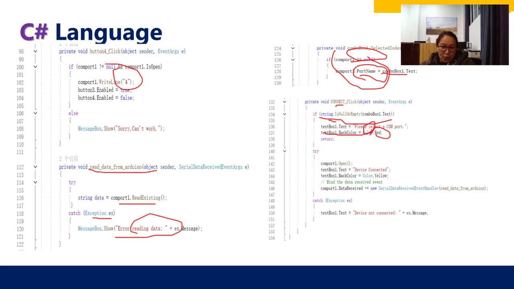If a COM port is selected, it attempts to open the serial port using COM1 open. If the port is successfully opened, it updates the text of a text box to "Device connected" and changes the background color of the text box to yellow.